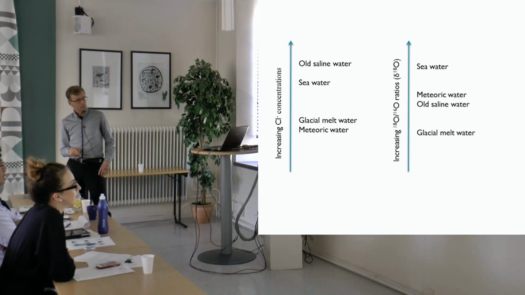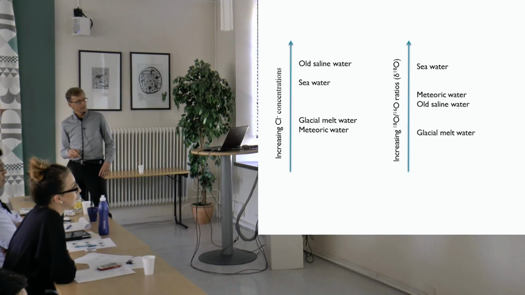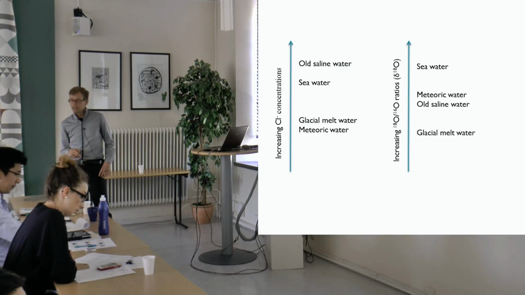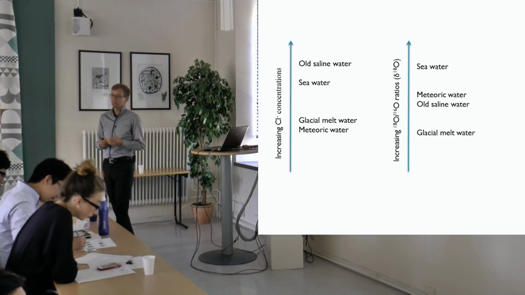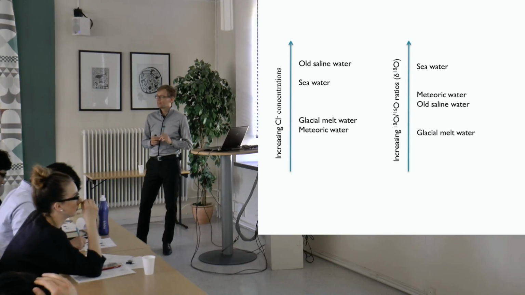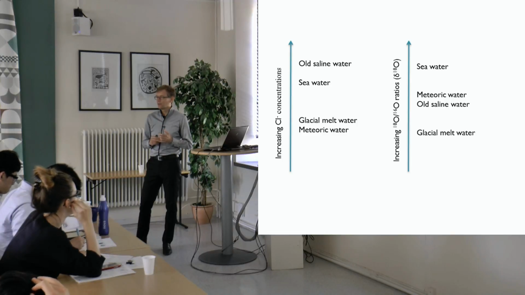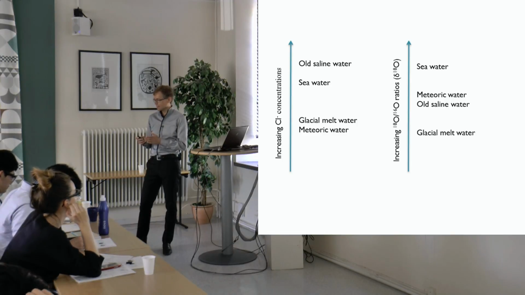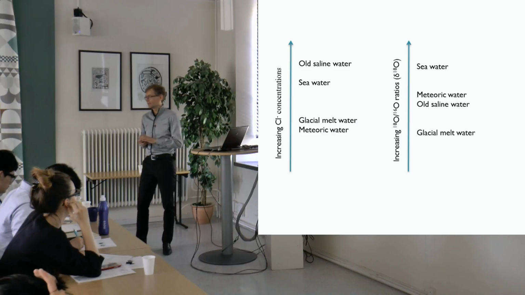So now we see if we start to combine these two. Okay, we couldn't separate these with chloride, but we can with the oxygen. That one and that one. And if we couldn't separate these with chloride, we could with the oxygen ratio. So with only these two variables, we can go in, measure these, and get a first quite good idea of what is the origin of a groundwater in a specific fracture.